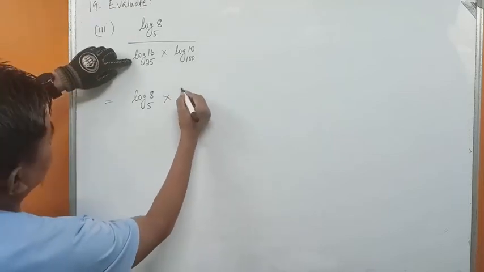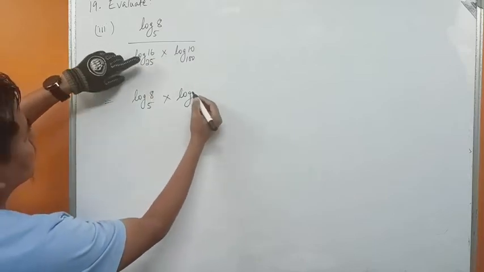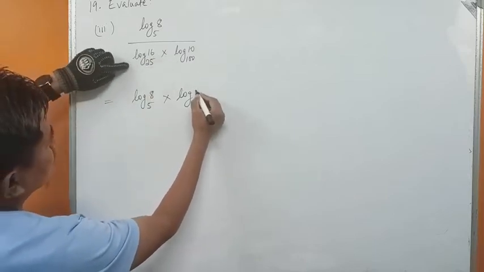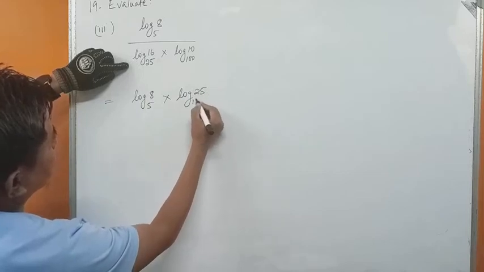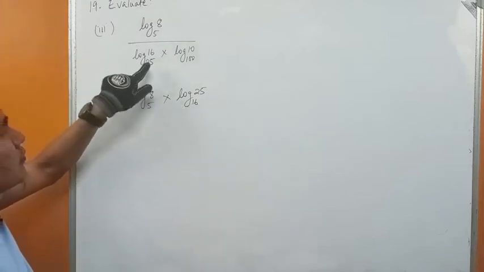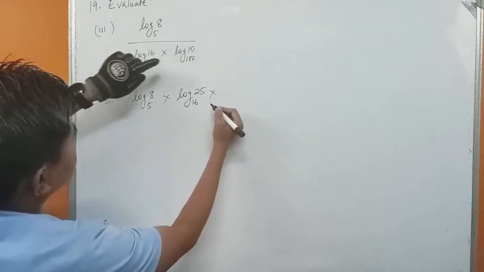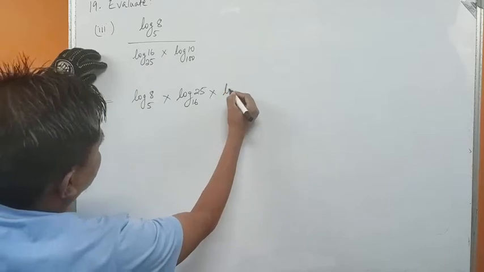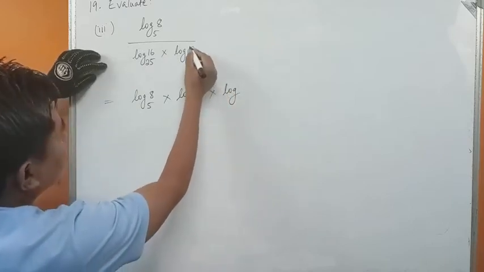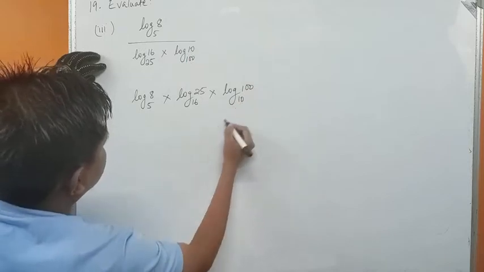What happens? Log 16 to the base 25: the log and base change, so log 25 to the base 16. If we take this number from denominator to numerator, the base becomes log and log becomes base. Into this also, log 10 to the base 100 becomes log 100 to the base 10.